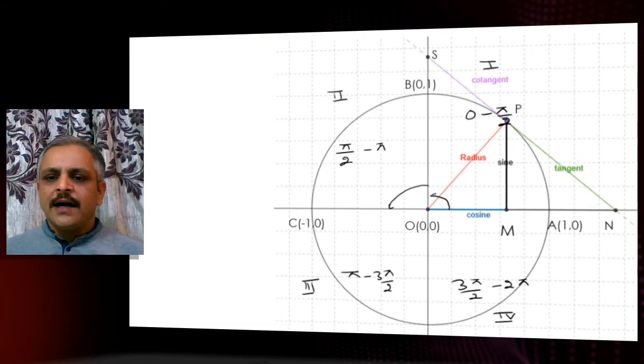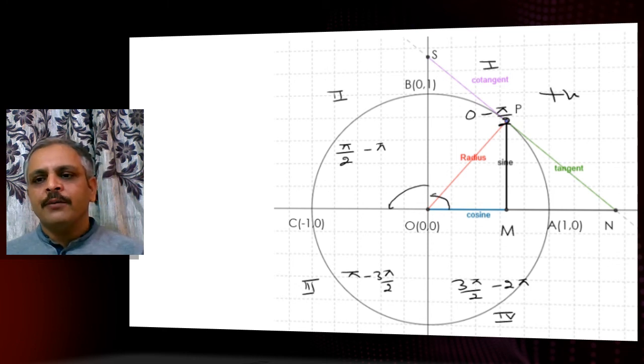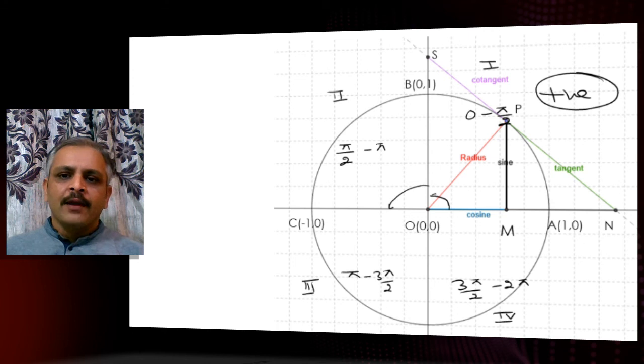Here you can see that x, this base, and this perpendicular are both positive. So if base is positive, perpendicular is positive, and hypotenuse is positive, all the t ratios will be positive in my first quadrant. While in the second quadrant, my base, this line, will become negative.